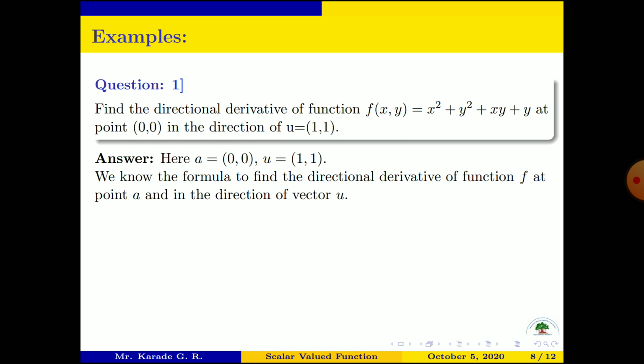Our formula is directional derivative of f at point a in the direction of u is equal to limit as t tends to 0 of f of a plus ut minus f of a divided by t.